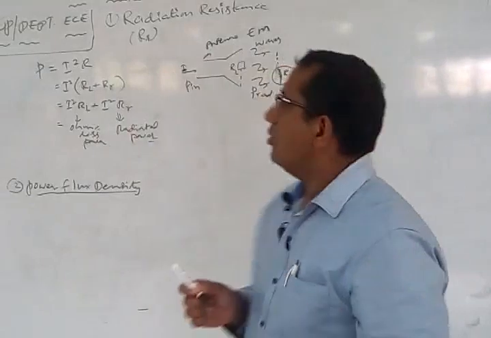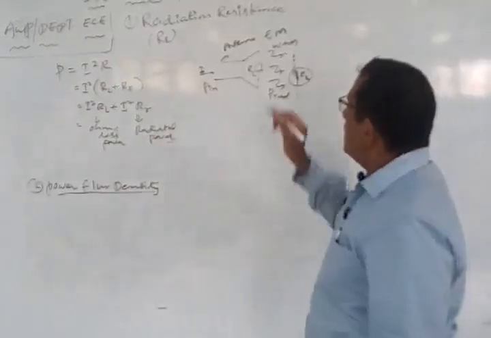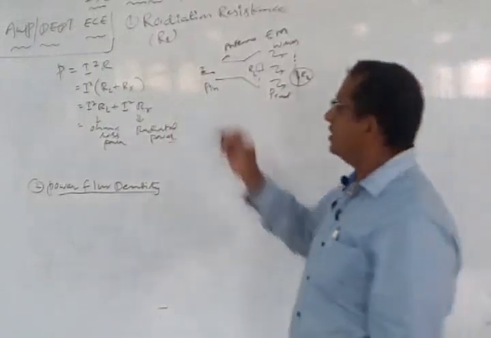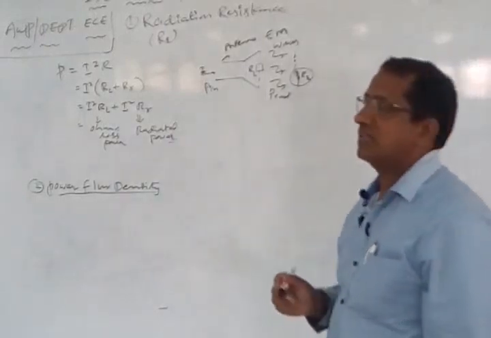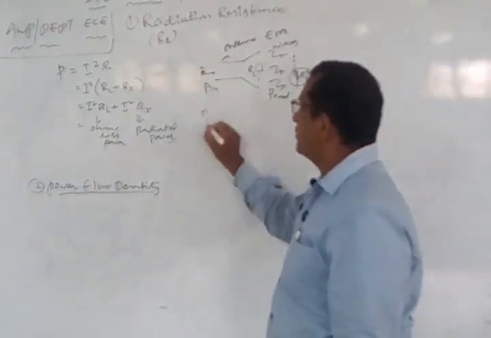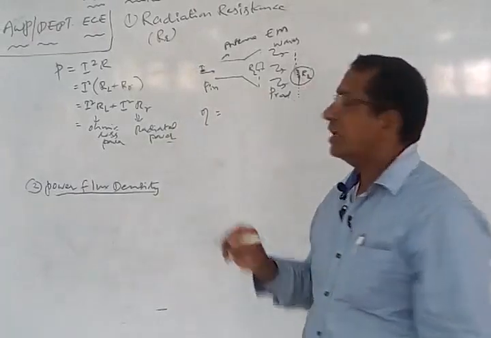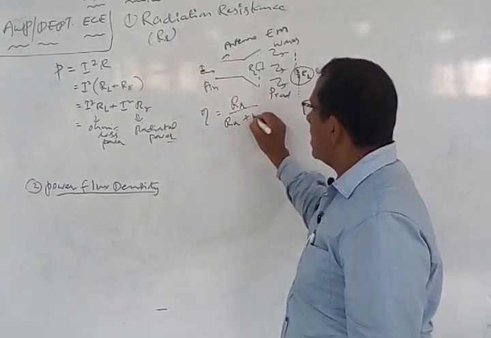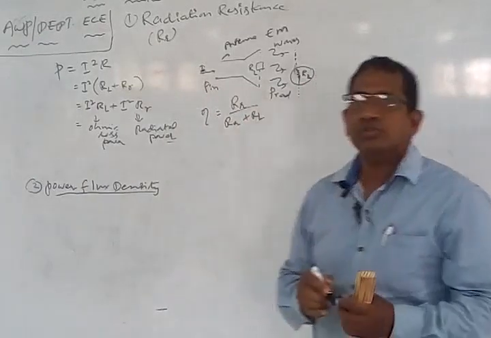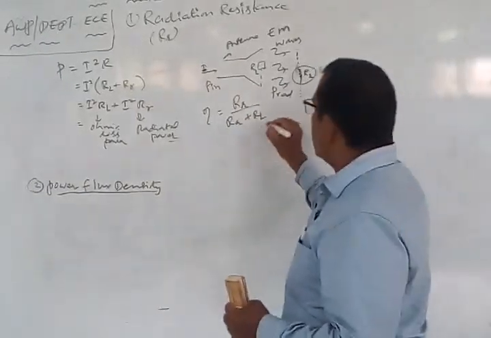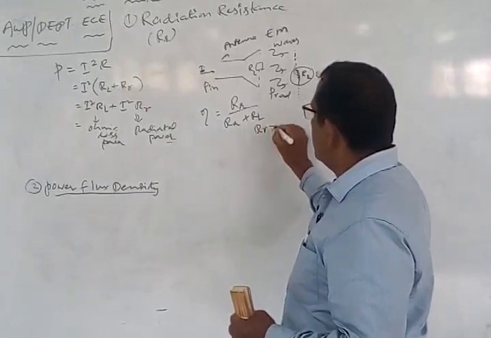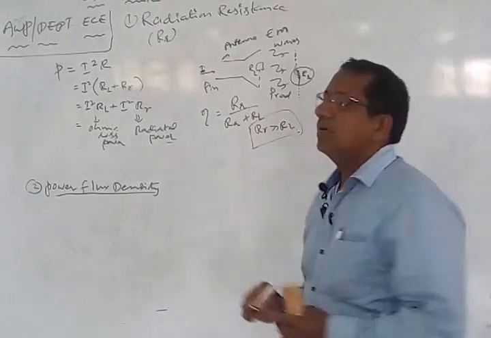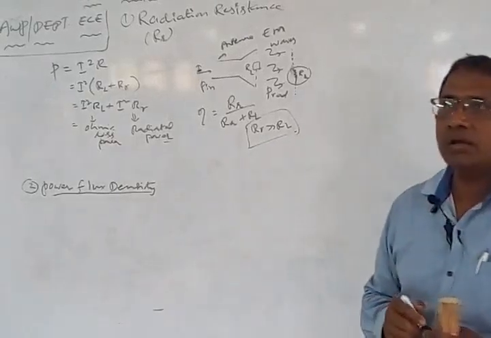Hence we simply call this power the radiated power. Now the antenna efficiency depends on the radiation resistance. So efficiency can be written as RR by RR plus RL. Usually the RR value would be taken greater than the RL value.